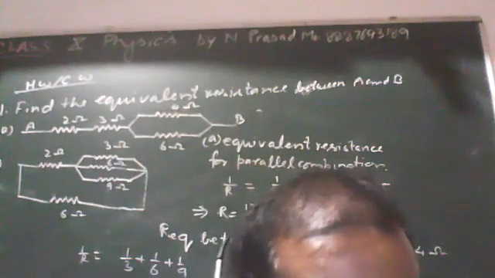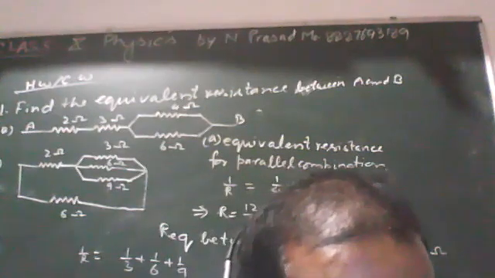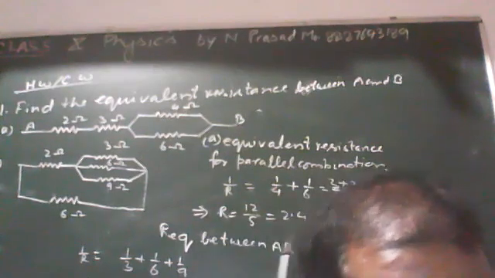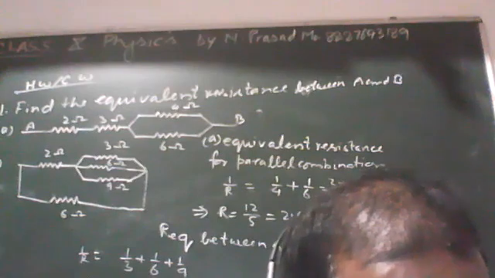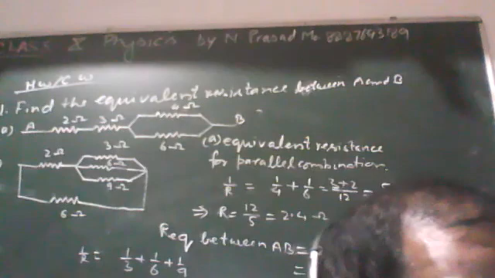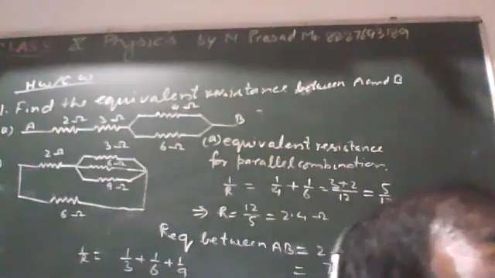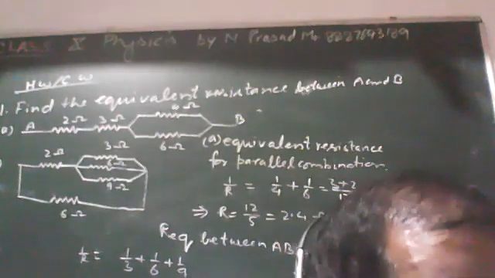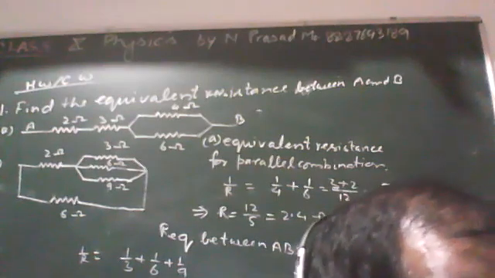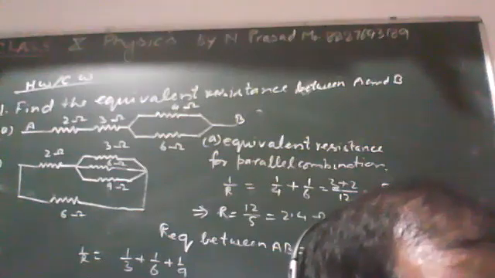For equivalent resistance 4, that is the solution. For 1 ohm equivalent, 1 by 2 plus 1 by 3 will be 5 by 6, so it will be 6 by 5, and the 6 will be added in series.